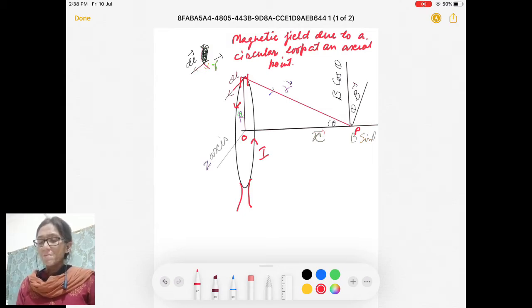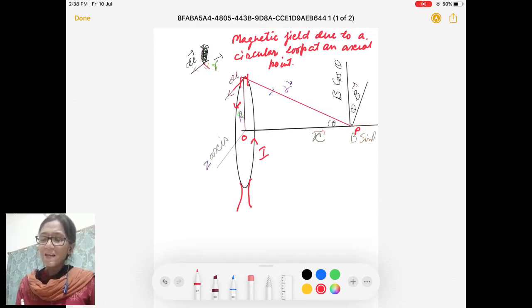So this circular loop is perpendicular to the plane of the paper. Circular loop is perpendicular and this r vector is on the plane. So obviously the two are at 90 degree because the circle is perpendicular to the plane and r is on the plane.